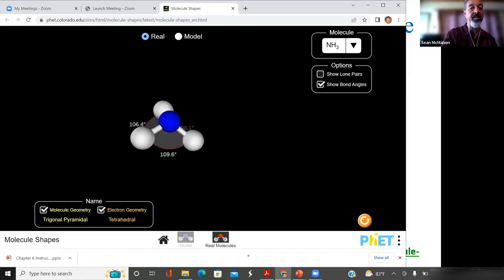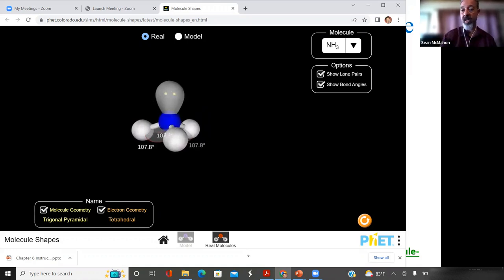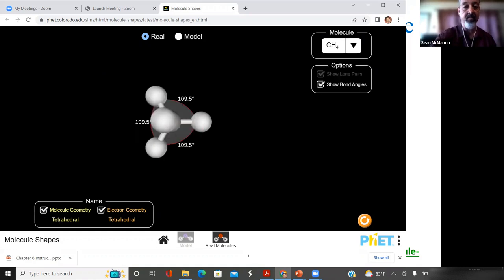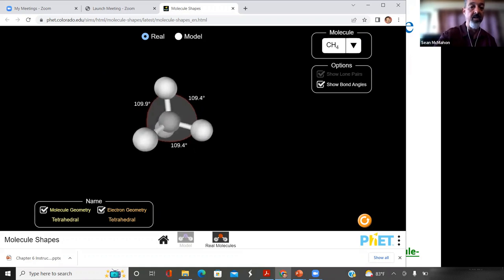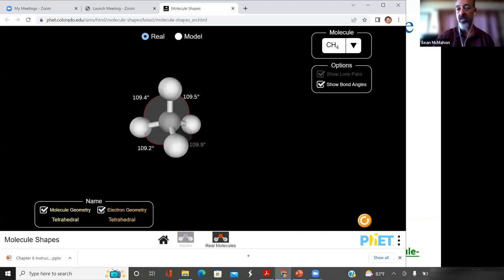So what we're noticing is when there's a lone pair, the bond angle is distorted and the molecular geometry changes its name from the electron group geometry. When there are no lone pairs on the central atom, we go back to where we were before. So here's methane. I have 4 groups. They're all hydrogens.